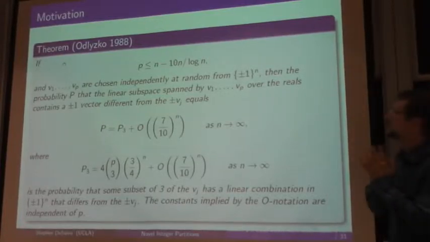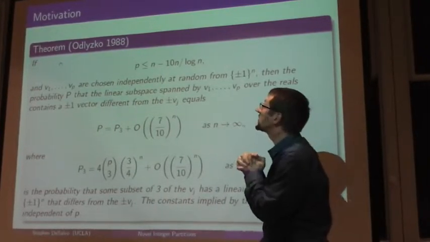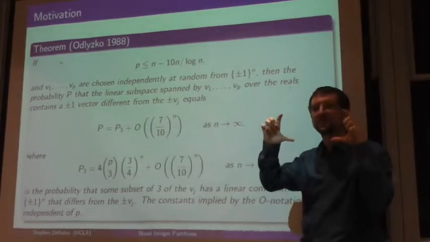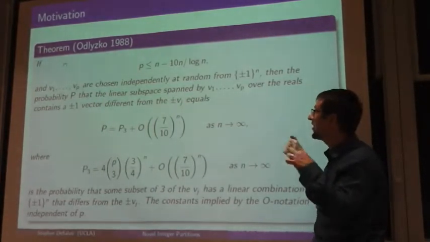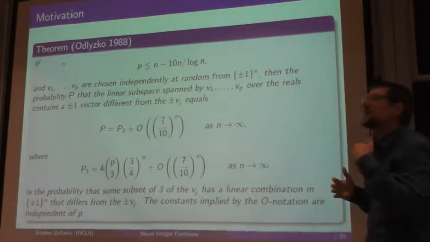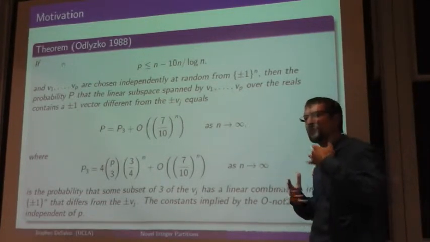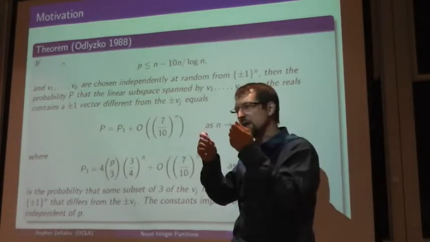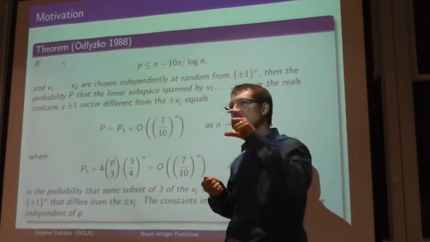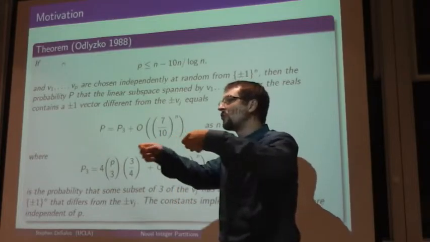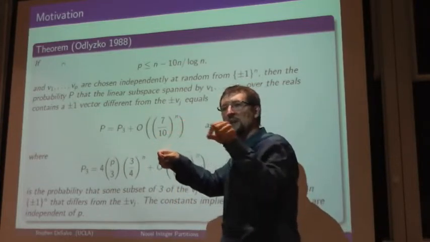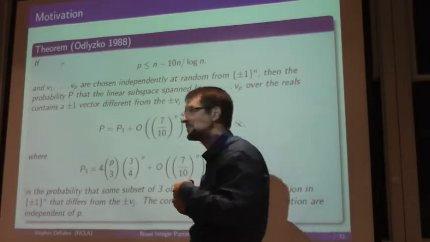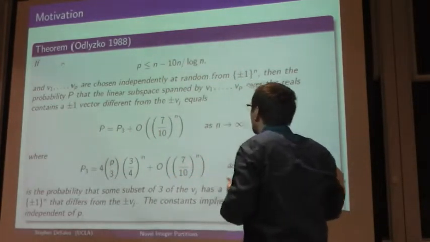Another motivation is from a paper by Odlyzko in 1988, and he looked at rectangular matrices. So these are not square matrices, but he looked at a slightly different problem. You might think of it as like a pre-singular matrix. You look at collections of plus or minus 1 vectors, and if you just added in one more row that's just the right combination of pluses and minus 1s, you would get a linearly dependent set. So it's kind of like a pre-singular collection.